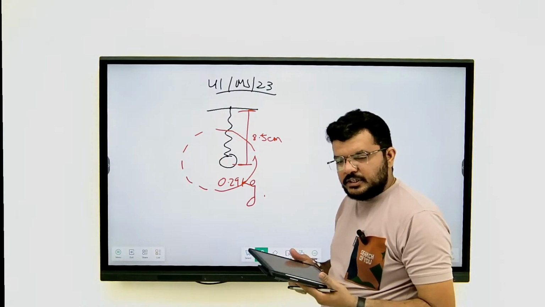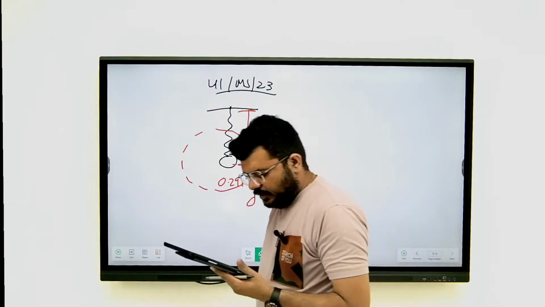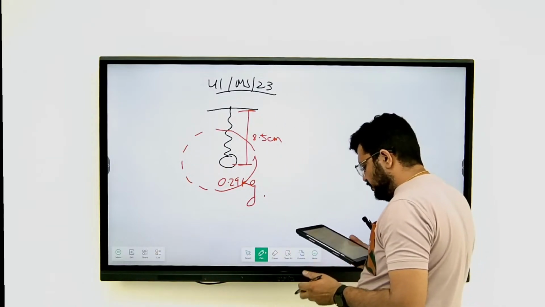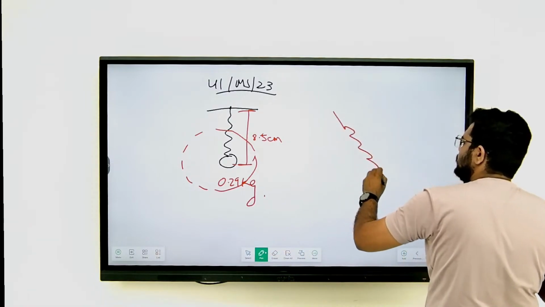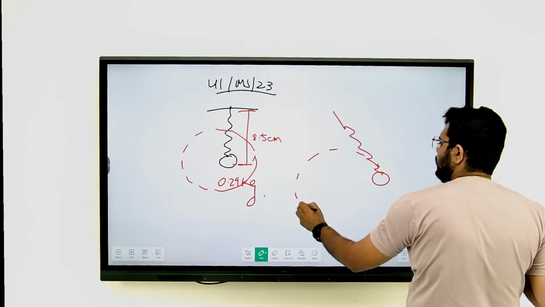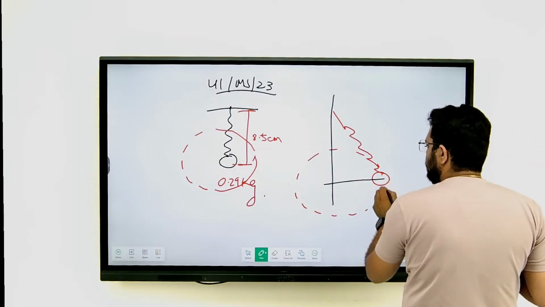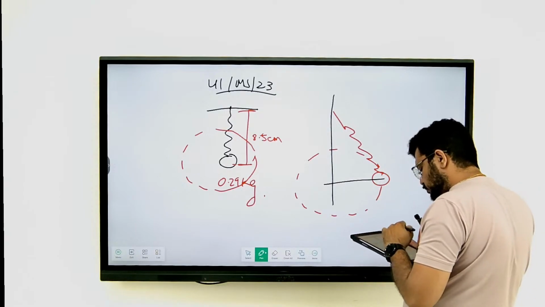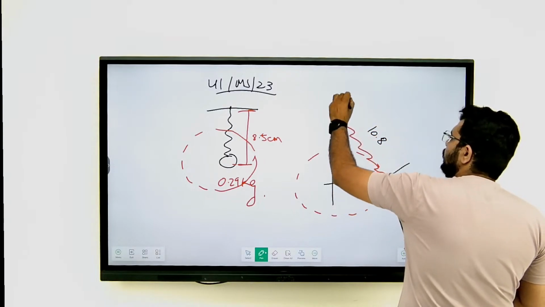Right? It's not just oscillating, it's going in circles. The distance from the center of the sphere to the top of the spring is now 10.8. So in this situation where it is going in circles, they are saying that the distance from the center of the sphere to the top of the spring is now 10.8, right?